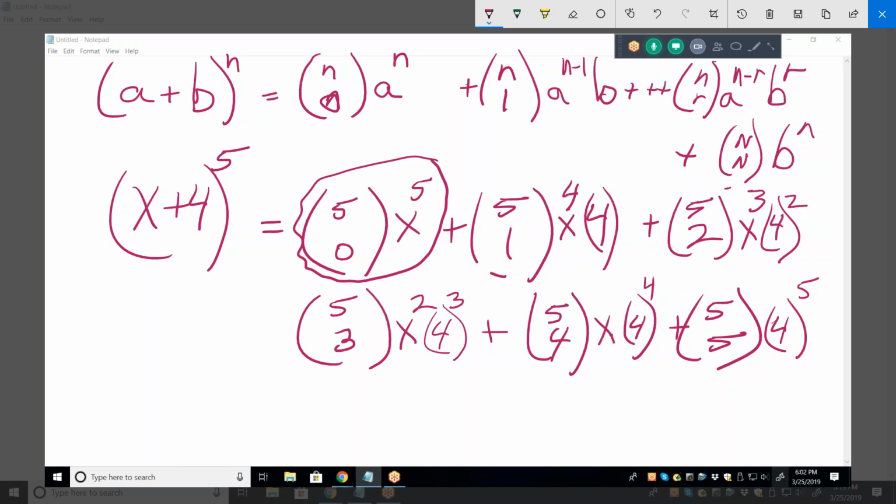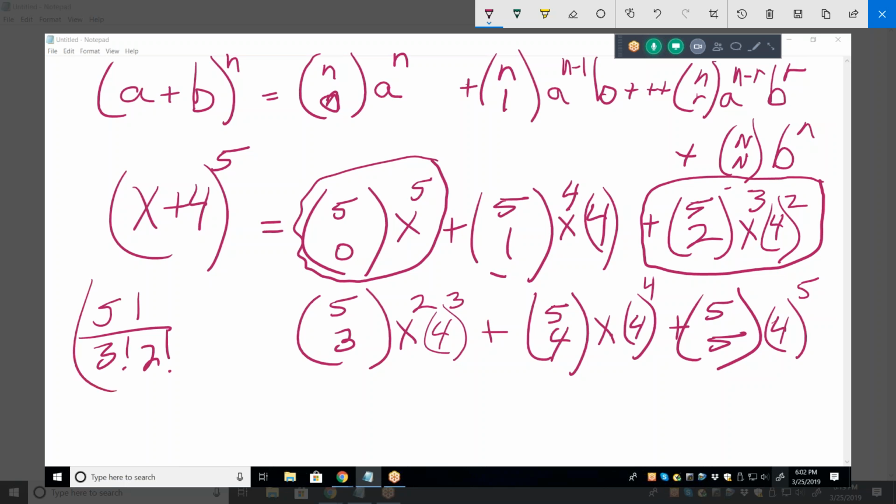Now, here's a question you might get asked. What's the coefficient of the third term? Well, there's the third term. What's the coefficient of that third term? Yeah, you have to take into consideration the 4 squared also. So 5 choose 2 is 5 factorial over 3 factorial times 2 factorial.